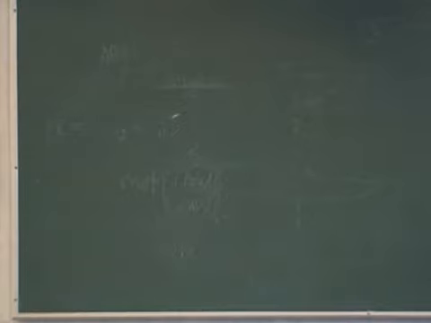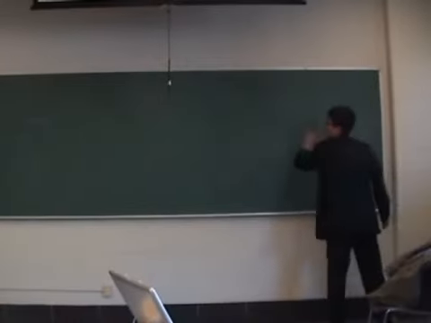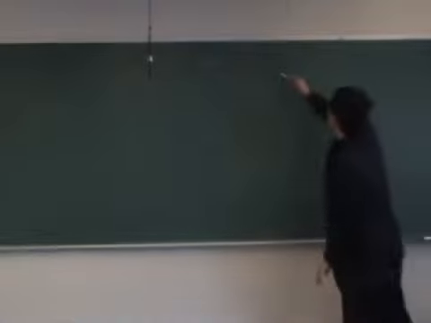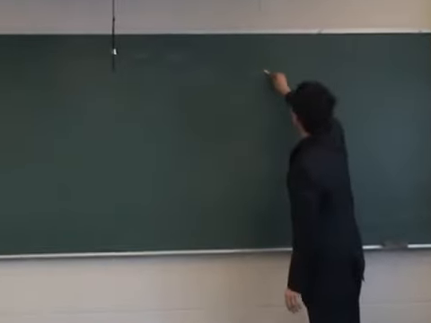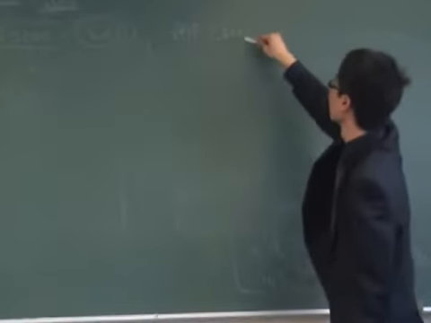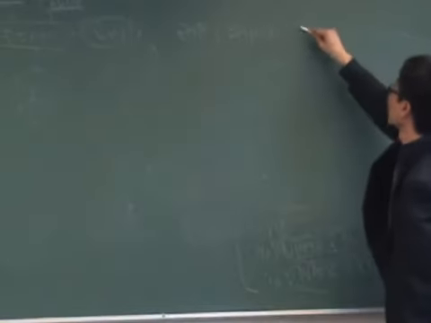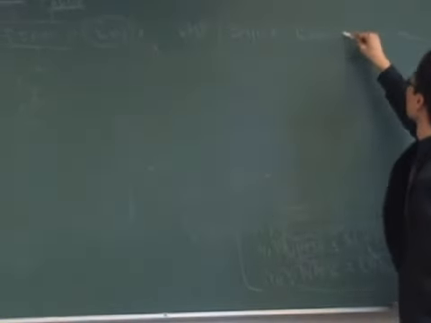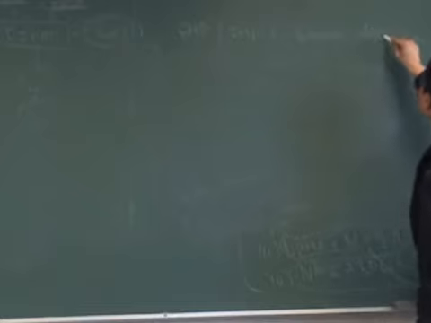Let me use employee and department. So we have two relations. Employee: employee ID, employee name, email and address.